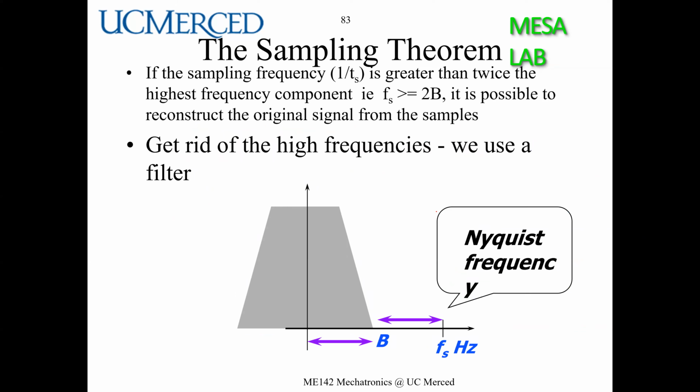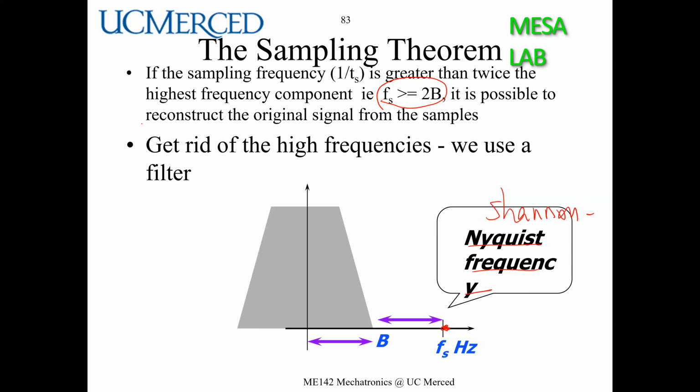So now we understand we need something called the Nyquist frequency. Sometimes people say Shannon Nyquist, or Shannon's sampling theorem. That means you have to sample faster than 2B, not slower than 2B.